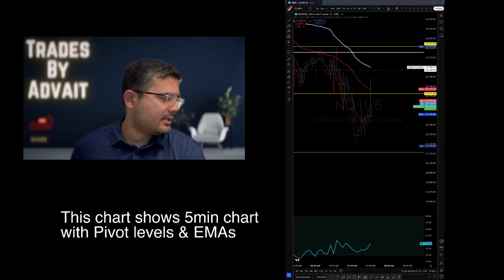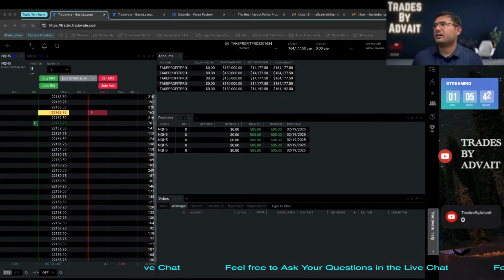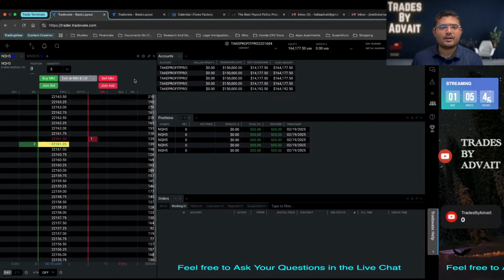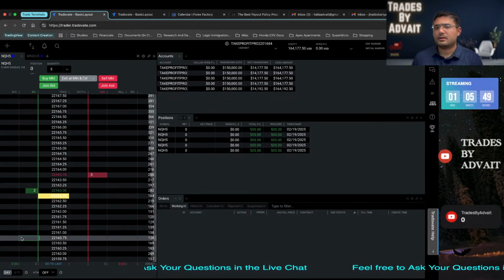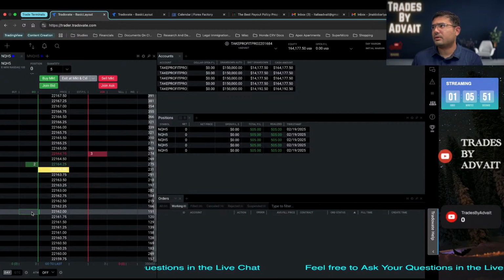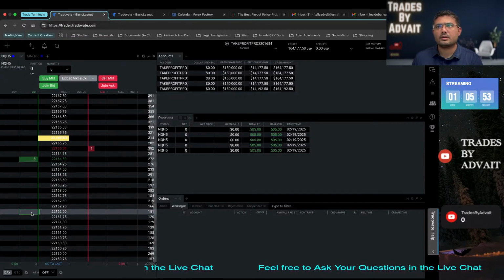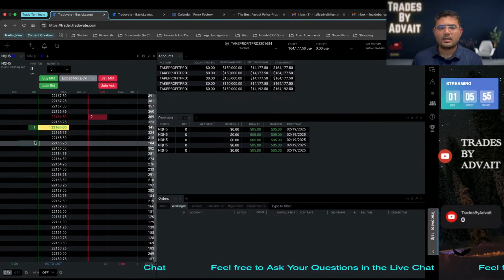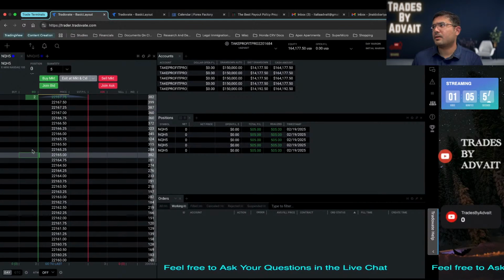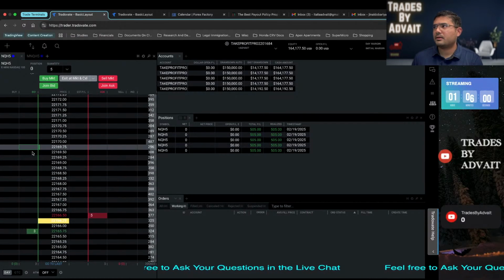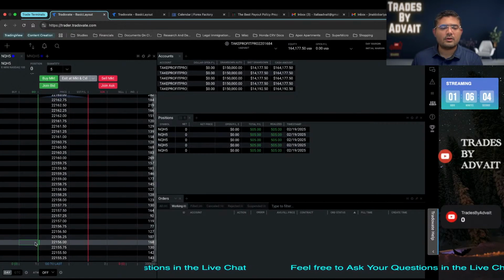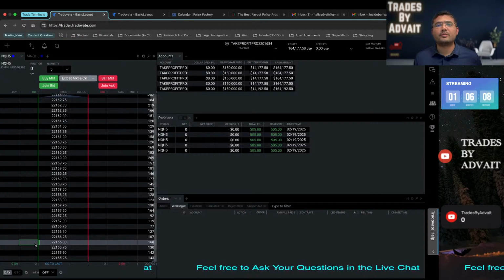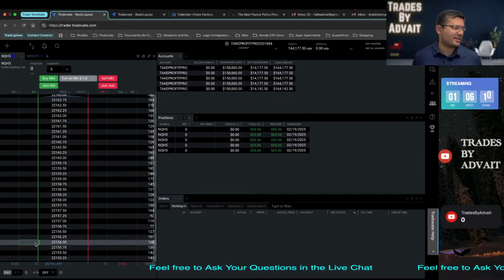Let me see if I can take a good trade over here. Looks like it's bouncing off this zone. Ideally I would like to go long at 156, but it doesn't look like the market is going to give me that opportunity. So let me see.